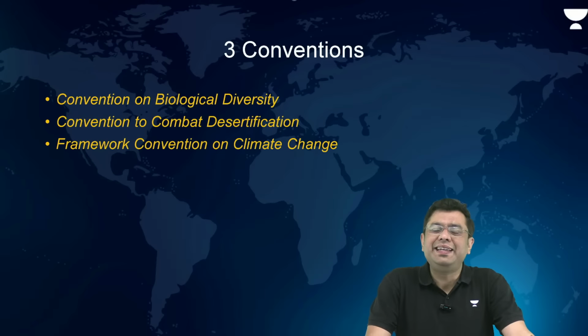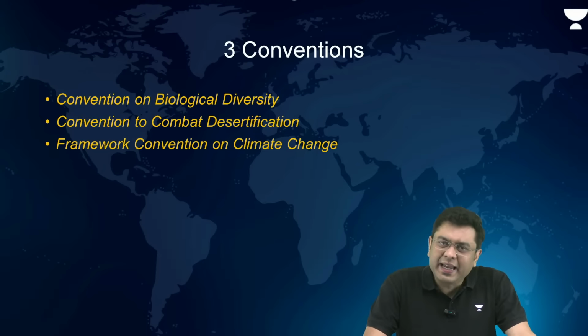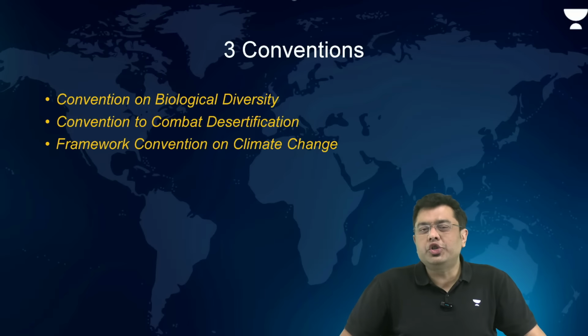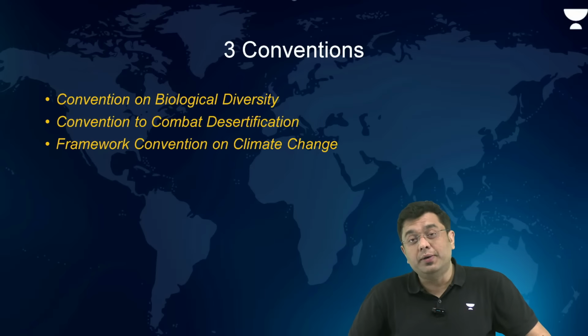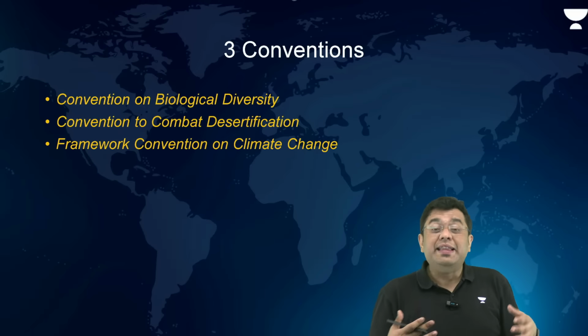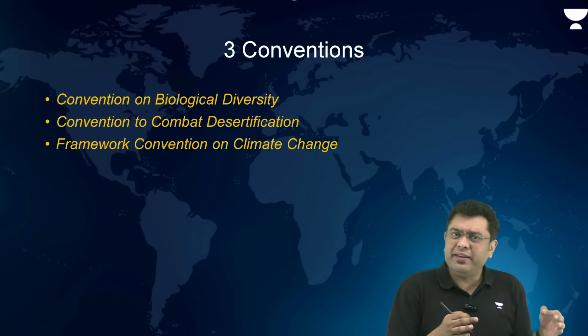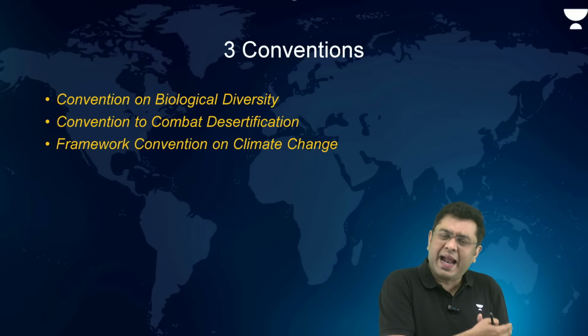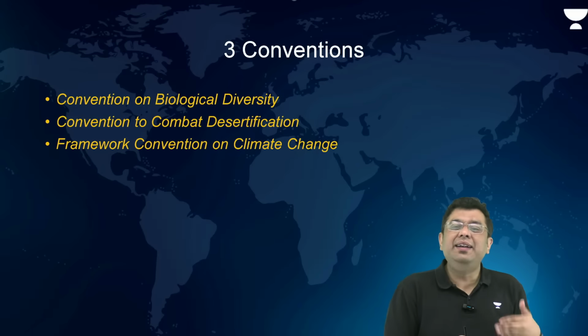But what were the 3 conventions? The 3 conventions were United Nations Framework Convention on Climate Change, where global warming was at the center of the agenda. Then United Nations Convention to Combat Desertification, because it was understood that due to climate change as well as due to human activities of pollution, etc., the land across the world is getting degraded.